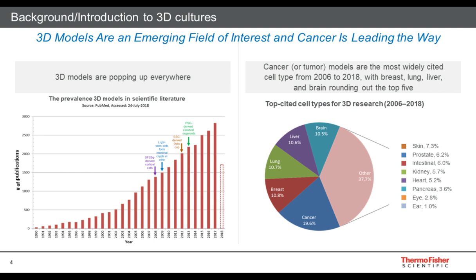One of the things I want to highlight here, as I'm sure people are aware, is that 3D models are definitely an emerging field in cell biology, particularly in cancer research.